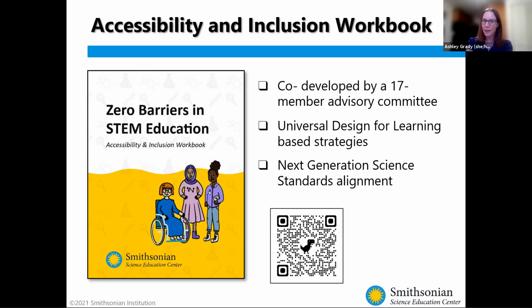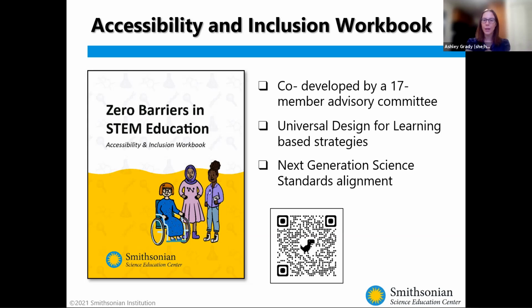It was created by our advisory committee, which was made up of 17 experts in our field, education thought leaders, pre-K through 12, and also post-secondary educators, accessibility specialists, members from General Motors, some of our other sponsors. So it was a really diverse group of people. And we wanted to make sure that we provided clear and concise strategies.